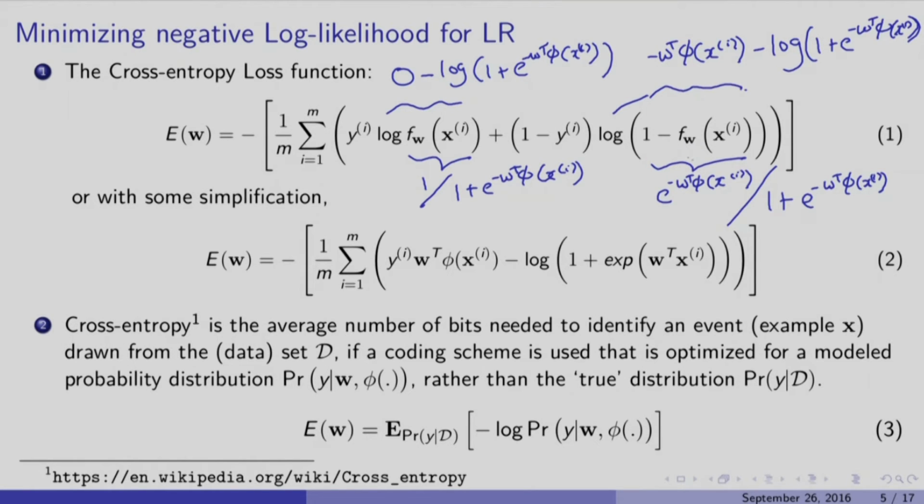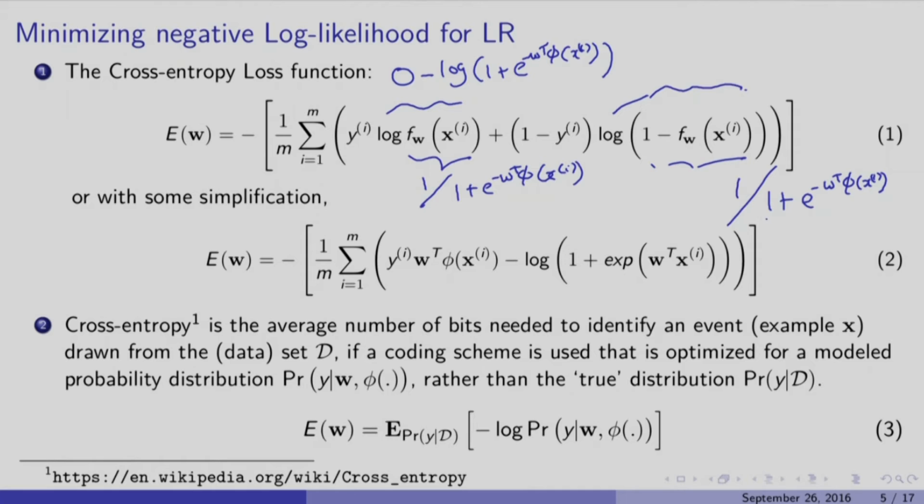Now one can actually write this slightly differently, and I am going to do that. Instead of this representation, I am going to represent 1 minus f(w) xi as follows. So the numerator, which is e raised to minus w transpose phi xi, can actually be divided from both the numerator and denominator.